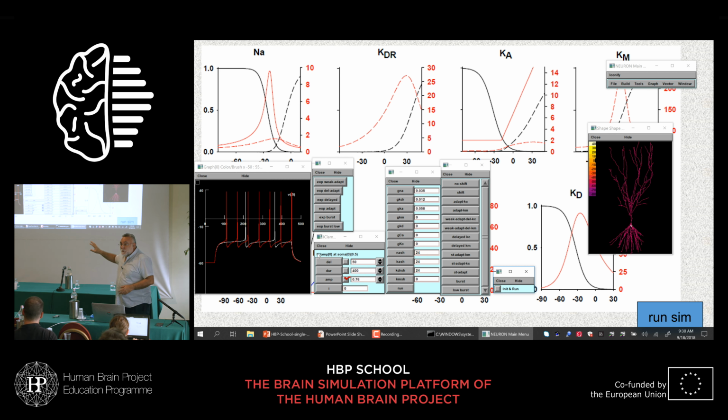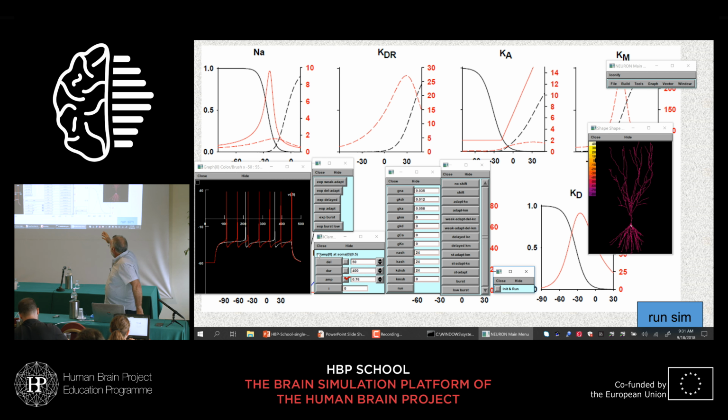In CA1 neurons, the Ka does much more, but for other reasons. I'm not going to explain in detail what the current distribution is in the CA1, but the CA1 pyramidal neurons in the hippocampus are the most complex from this point of view because they have a nonlinear distribution of channels in the dendrites that gives a lot of computational power to these neurons, but I'm not going to go there.